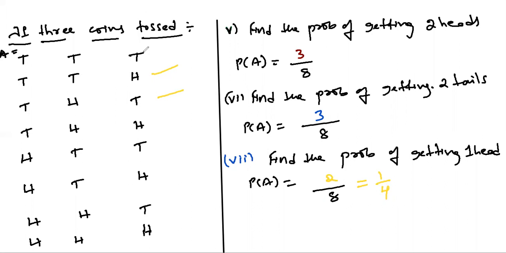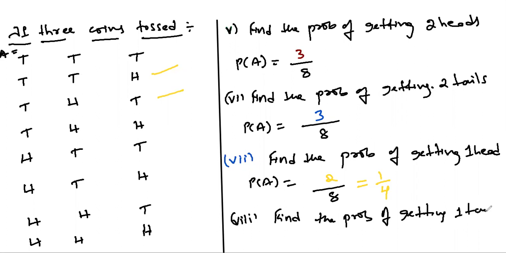Next, find the probability of getting one tail. So P of A is equal to, total 8 here, right?